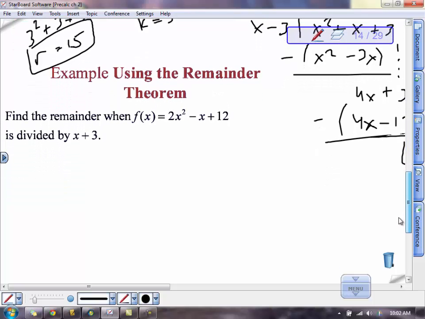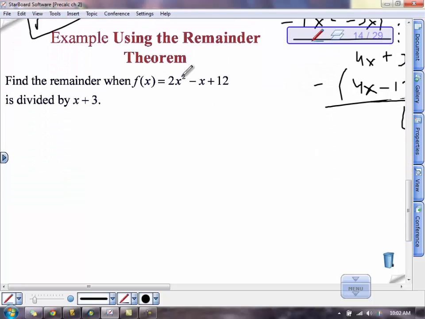Okay? So here's another example. If I'm going to divide x plus 3 into this function, then really it's x minus k, right? So what's my k value here? k equals negative 3, right? Because the double negatives will cancel to go positive. So if k equals negative 3, what's the easiest way to find the remainder? Just plug it in. So f of negative 3 is what I want to find. That is the remainder. Remainder equals f of negative 3, which in this case, negative 3 squared is 9.